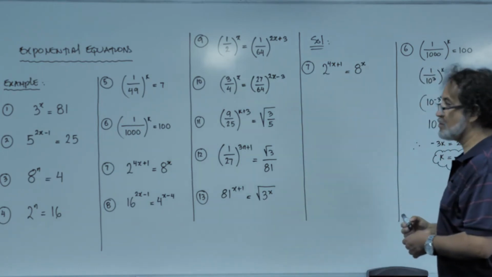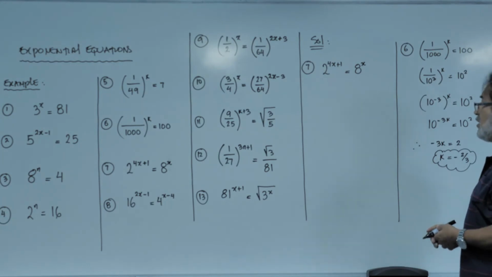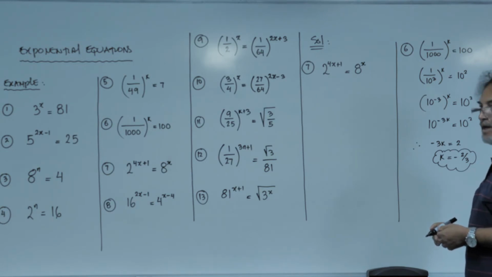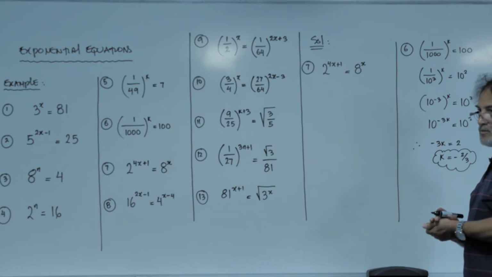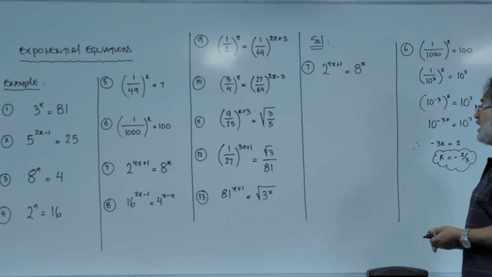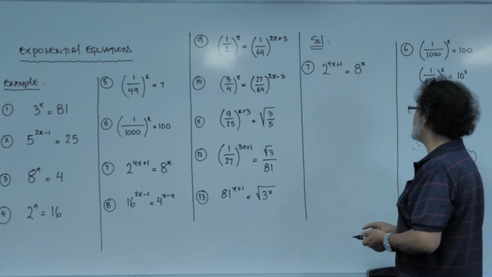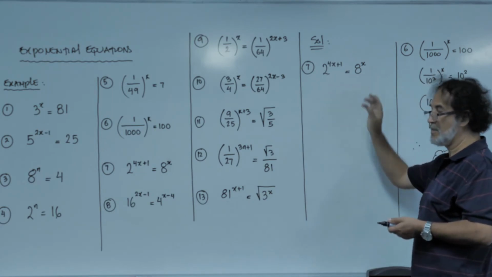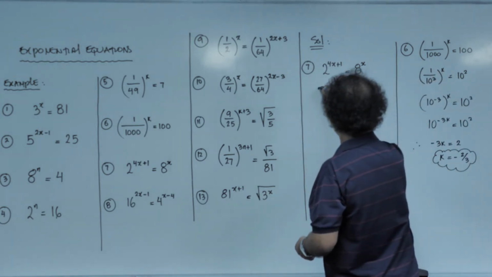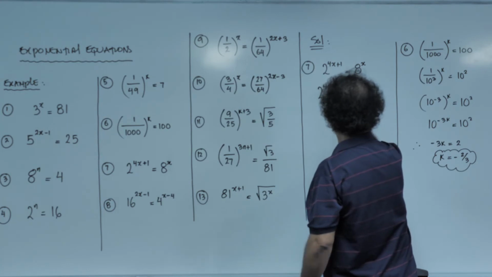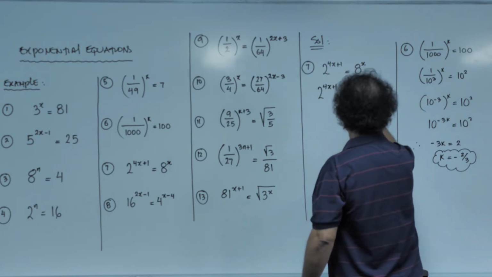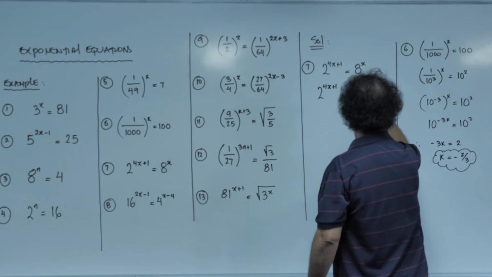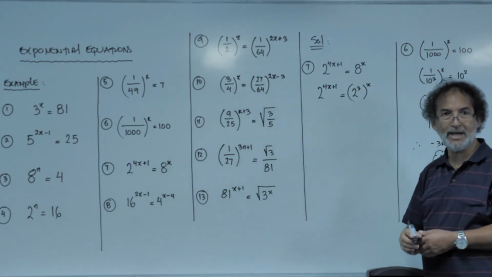Okay, so we have 2 to the power of 4x plus 1, and that has to be equal to 8 to the power of x. At this point, I think it's pretty obvious that we have to make the bases equal somehow. So we're going to say 2 to the power of 4x plus 1 is equal to 2 cubed, and then to the power of x.